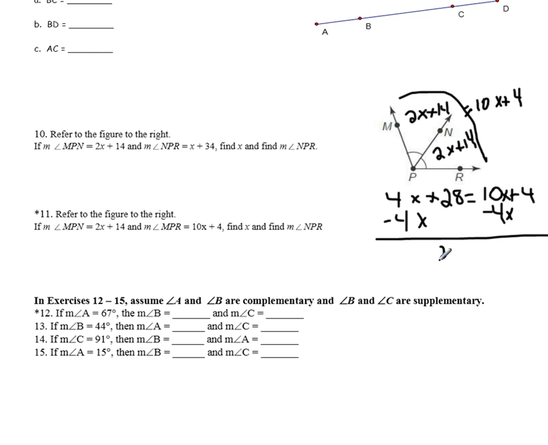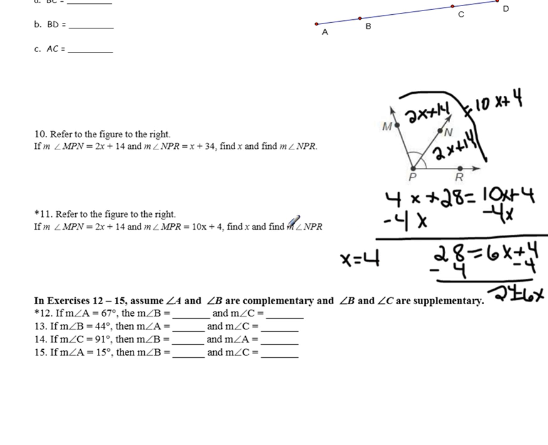So I have 28 equals 6x plus 4. Take away the 4. And I'm left with 24 equals 6x. So my x equals 4.